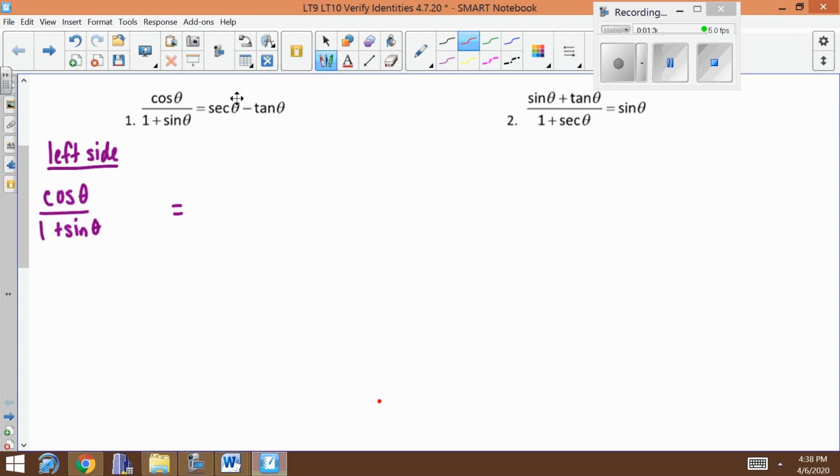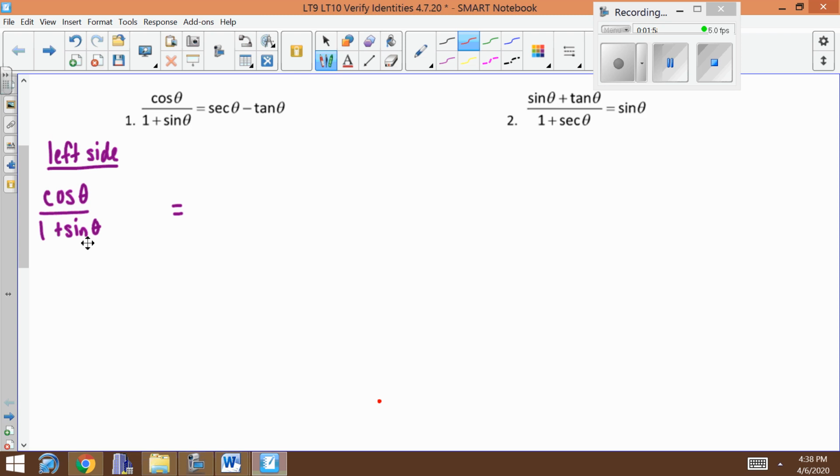So I need to somehow think, how are we going to turn it into two things that are being subtracted? When I look at the left-hand side, I see that we've got a cosine and a sine. Right now, there's no way that we can really change that into the other. So what I want to think about is, how can I make these squared here? Because if I have it as a cosine squared or a sine squared, I can change one into the other.